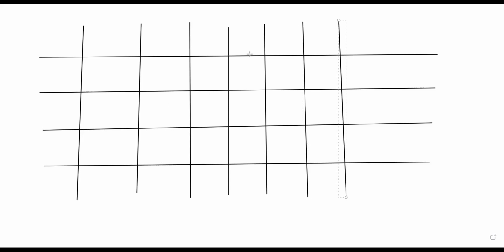Okay. So now let's fill this up. So this is A, this is B, this is C, this is D. Now here the first column represents the initial state. Initial. All right.